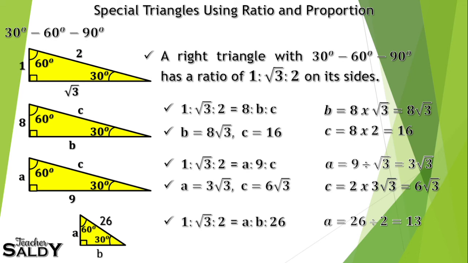Now, B is equal to square root of 3 times the A. So we can get B is equal to 13 times square root of 3, which is equal to 13 square root of 3. The value of A is 13 and B is 13 square root of 3.